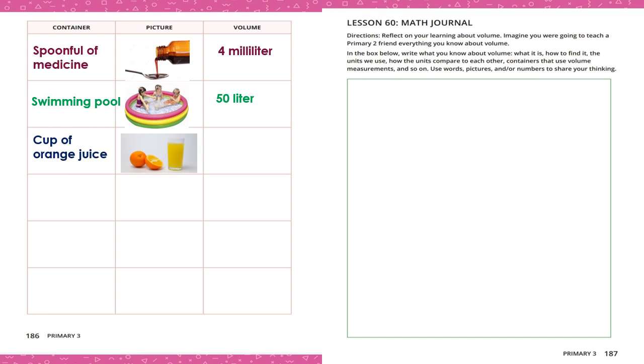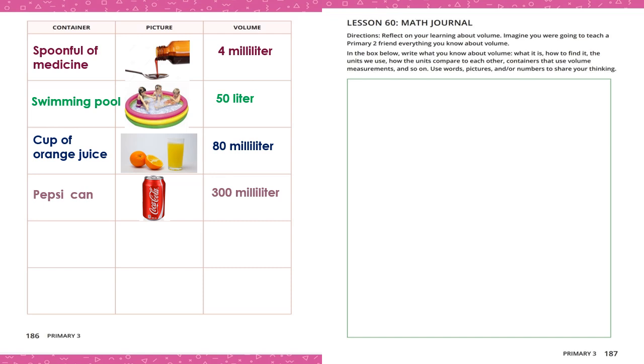Cup of orange juice. Small amount or big amount? Yes, a small amount, so we will use milliliters. Its volume is about 80 milliliters. Pepsi can. Small or big amount? Yes, it's a small amount, so the unit is milliliter, 300 milliliter, 350 milliliter.